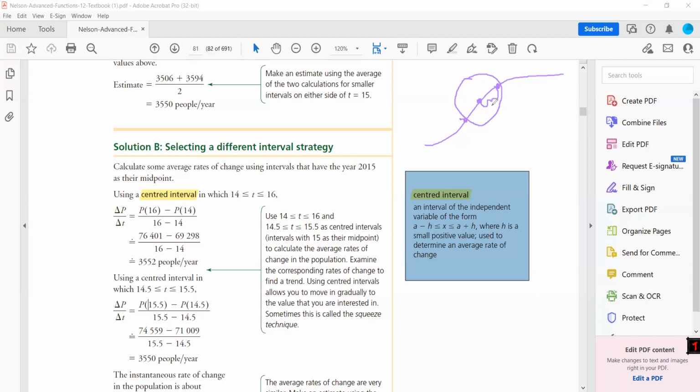So we have to make this h smaller and smaller in order to find the true value of the instantaneous rate of change. You can imagine that as if this circle was shrinking and shrinking all the way up to this single point where we have a very little step. And that's where you get the most precise estimate of your instantaneous rate of change.